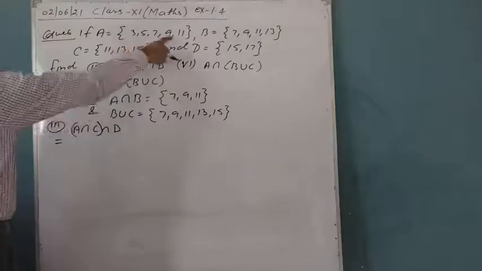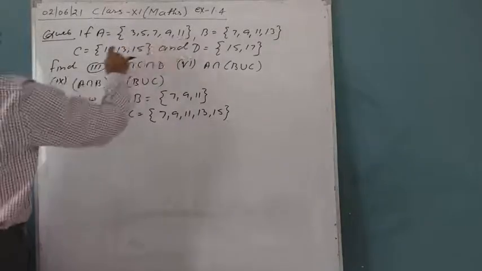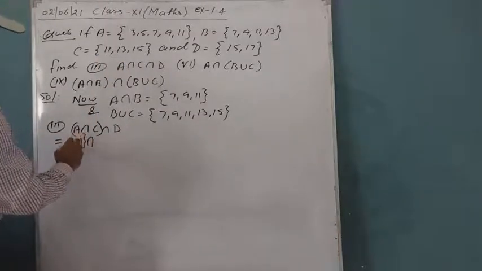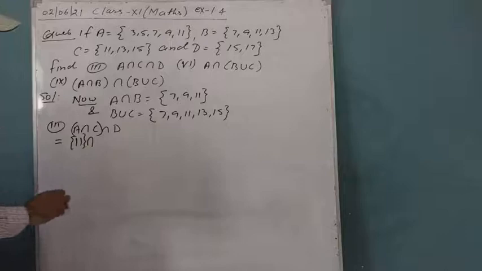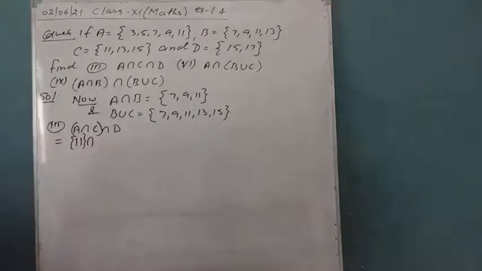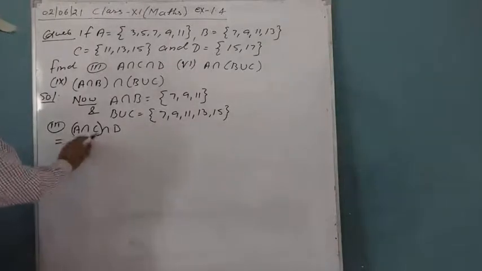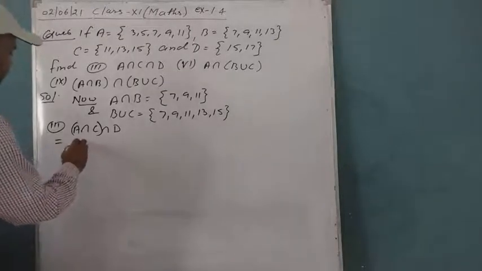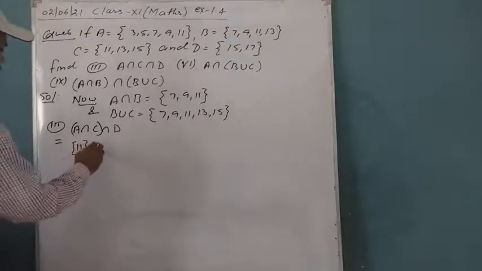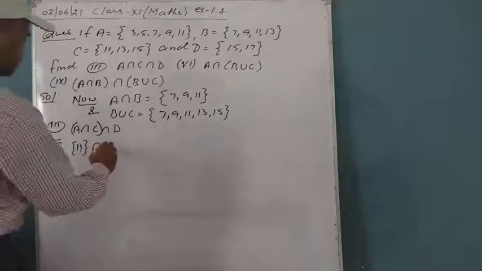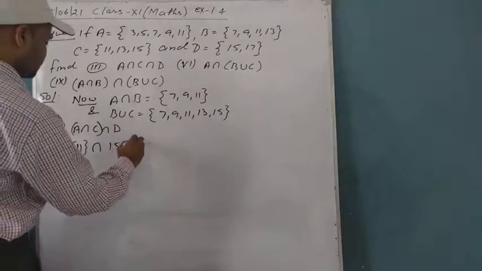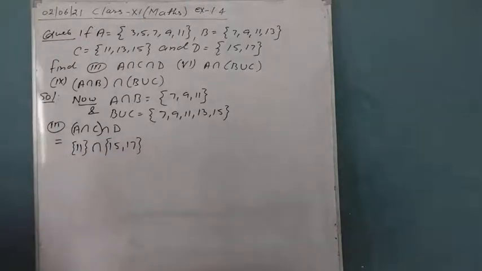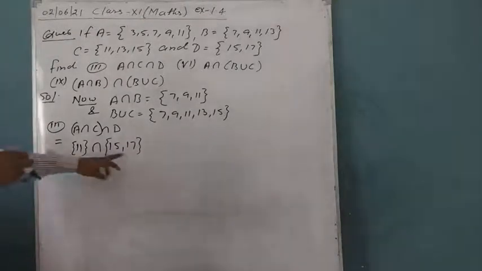11 is common; do you see here, 11 is here. So A intersection C is {11}, intersection D, which is {15, 17}. Is anything common between these two sets?